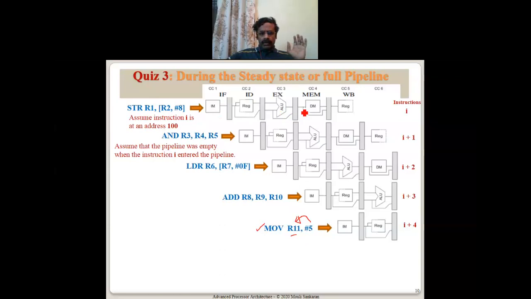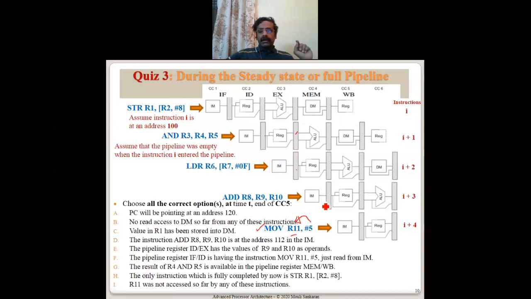So what I suggest is, once I give you the instruction, you will know what all things happen during these stages. You can write down, okay, and then answer my questions. My questions are these, 9 questions. And I want you to answer these questions assuming that the pipeline is at this time, exactly time t. That means this CC5 cycle is also over.